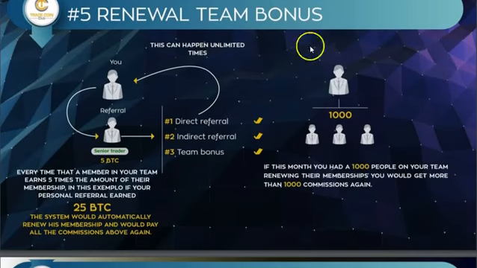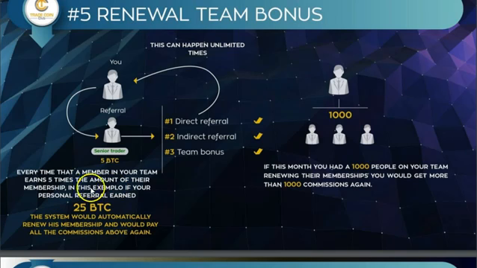Now, renewal team bonus. Oh my God, I can't believe it's still the 5th way of getting paid. The way renewal team bonus works is every time a member in your team earns 5 times the amount of their membership that they came in with.